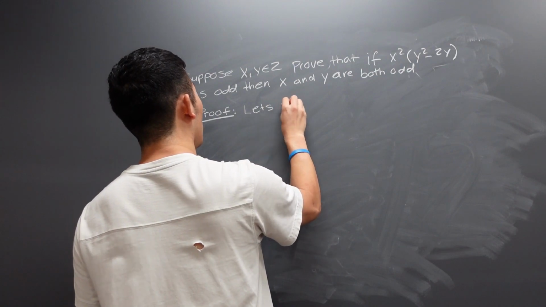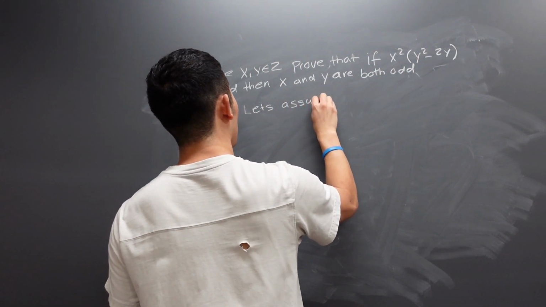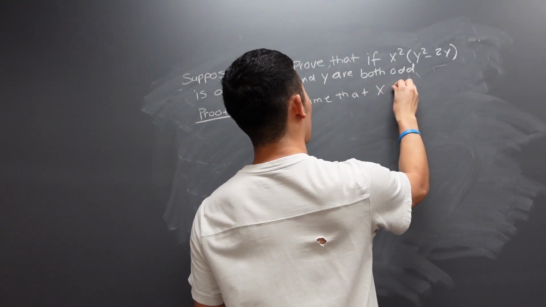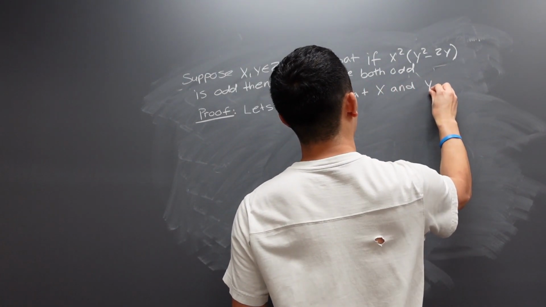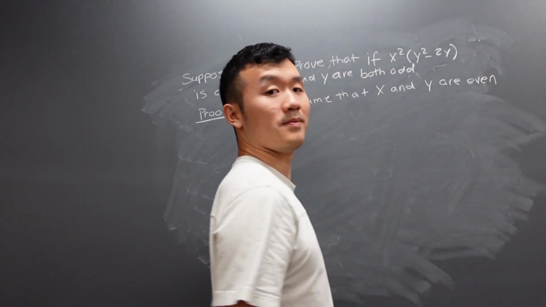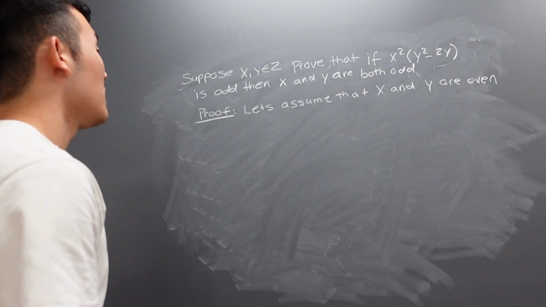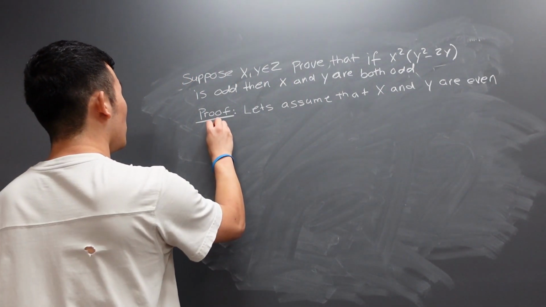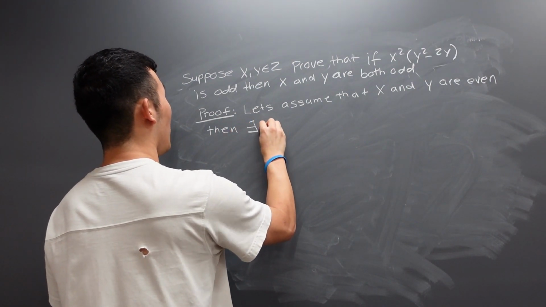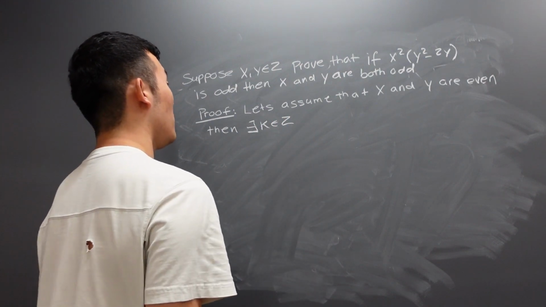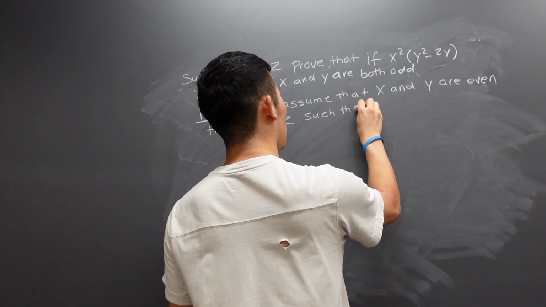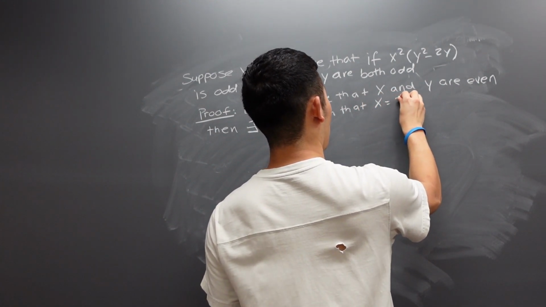Let's assume that x and y are even. Then there exists a k, which is an integer, such that x is equal to 2k.